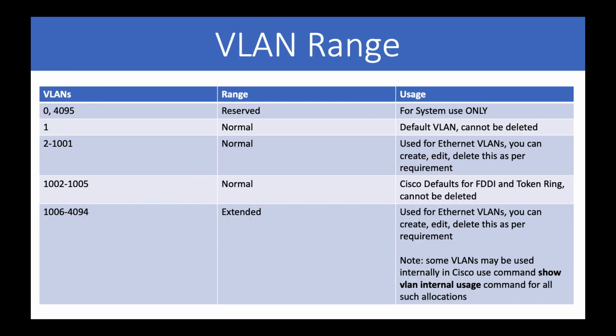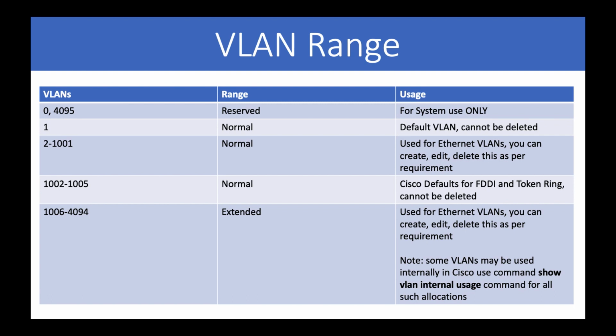First, let's understand what VLAN ranges we have that we can configure in our switches. The VLAN ID is 12-bit, that is, it can have a maximum of 4096 values, starting from 0 to 4095. But VLAN 0 and VLAN 4095 are reserved for system use only. VLAN 1 is the default value that comes installed in the switch, which cannot be deleted.